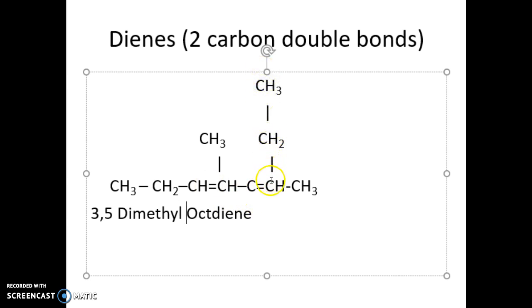So 1, 2, so that carbon 3 is that double bond. So we've got 3, and 1, 2, 3, 4, 5 is that double bond. So it's 3,5-octadiene. And there you have it. There's your name for that compound. Hopefully you got that as well.